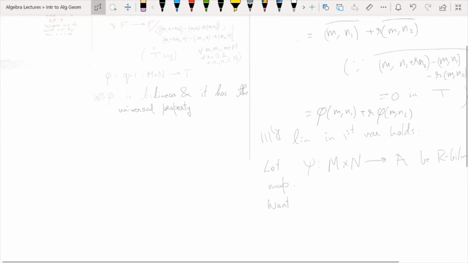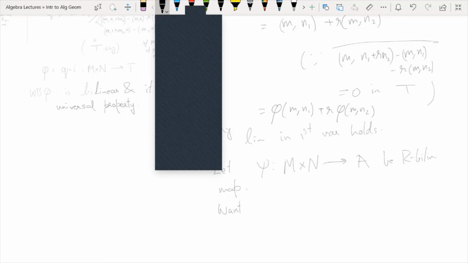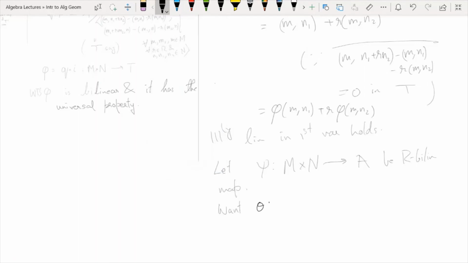We want theta from T to A linear such that first we apply phi and then theta, then it should be equal to C.